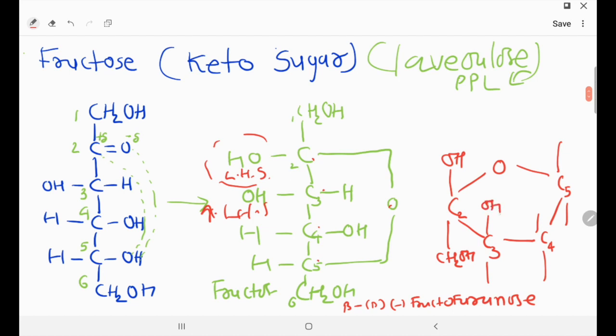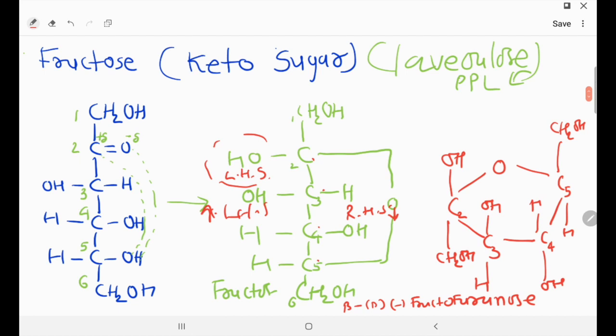So OH here, H here. The fourth carbon OH is on the right hand side, so put it below. So here there will be OH and H. On the fifth carbon, one H and one CH2OH are there, so CH2OH will be above and H below. So this is the structure, clear?